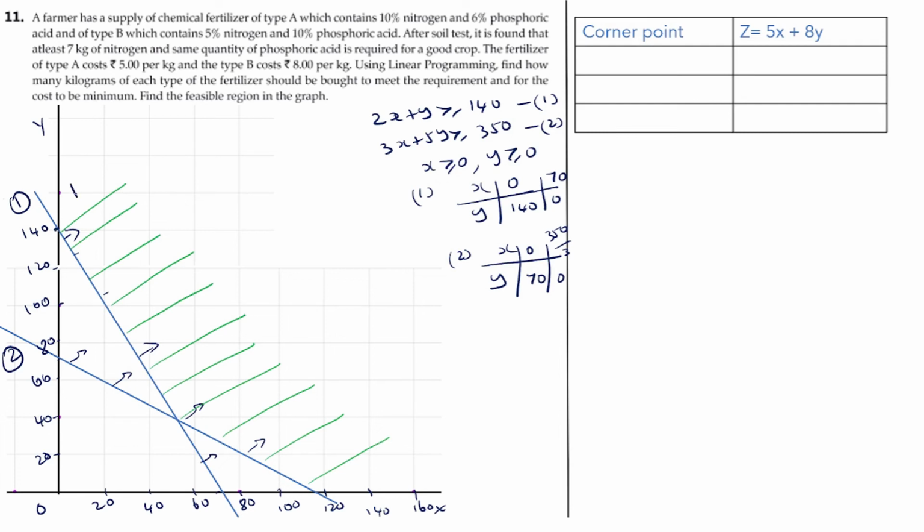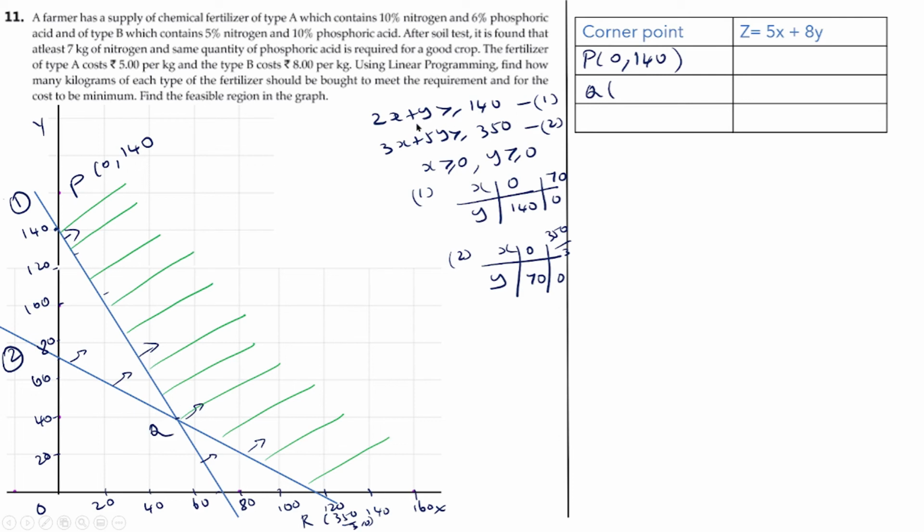This is one corner point P 0, 140. This is Q and this is R, 350 by 3, 0. So the corner points are P 0, 140. The coordinates for Q, if we solve these two equations, we will get the coordinates for Q, or even from the graph, we can get the coordinates for Q. Here if we see the graph, the y coordinate is 40.